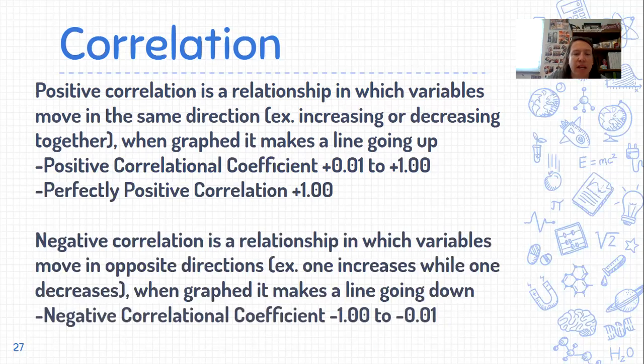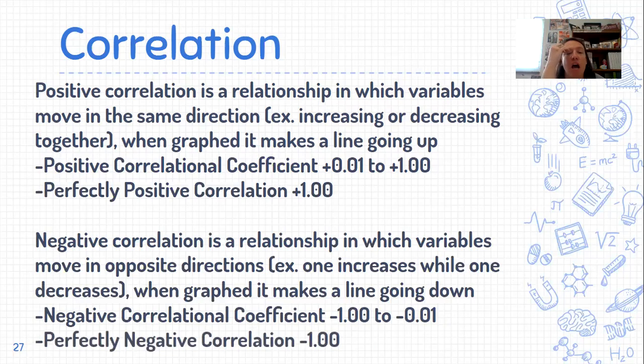A negative correlation is when the variables move in opposite directions. So for example, one goes up while the other goes down, or one goes down while the other goes up. And again, remember, it's just as good of a result, if you will. When graphed, it makes a line that goes down. So a negative correlation coefficient is from -1 all the way to just -0.1.